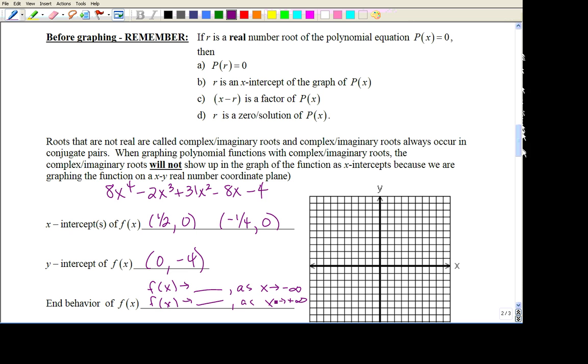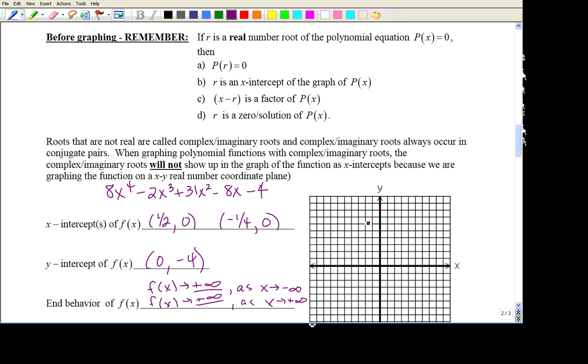Whenever x is approaching positive infinity, that's asking what the right side is doing. Well, we have a positive leading coefficient, so the right side is going to be going up. So f of x will be approaching positive infinity. On the left side, where x is approaching -infinity, we have an even degree, so the left side will do the same thing as the right side, and it will also approach positive infinity.